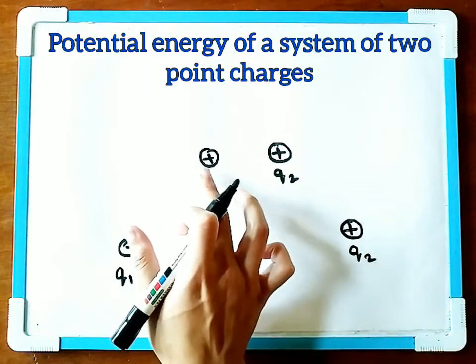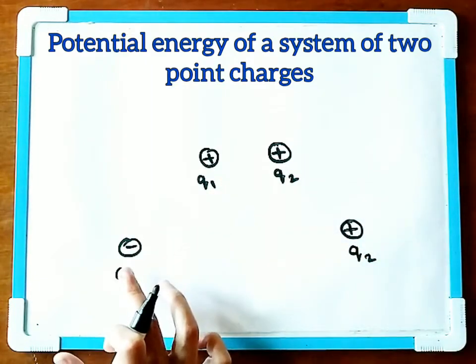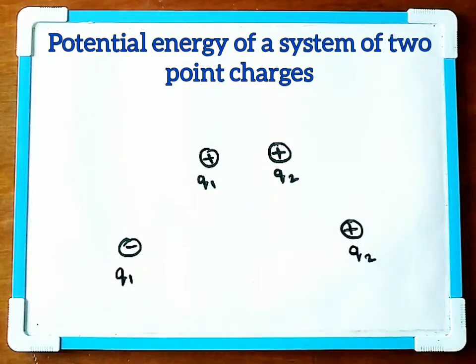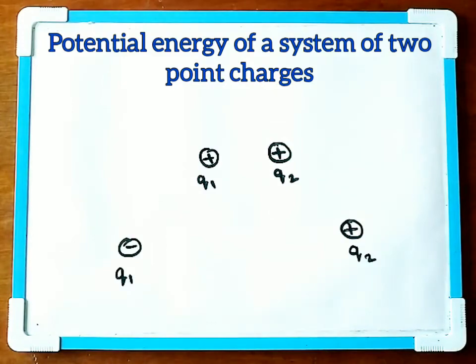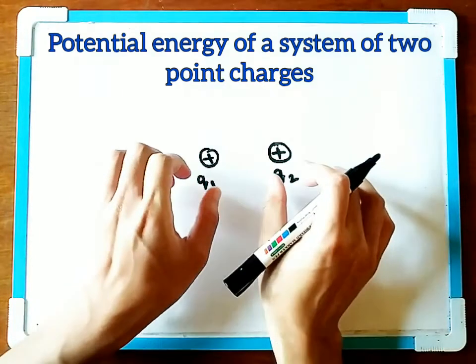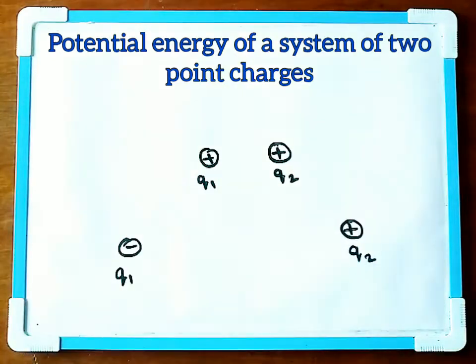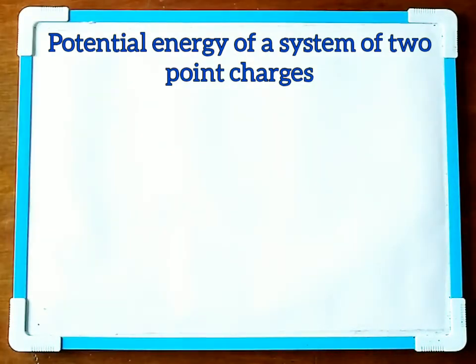One is positive, and the other one is negative. So only if we have to do work against the electrostatic force, then only the concept of potential energy arises. So that if I release them, they will come back to their initial position. Even here also, if I release it, they will go back to their initial position. Now we shall find out the expression for the potential energy of a system of 2-point charges.